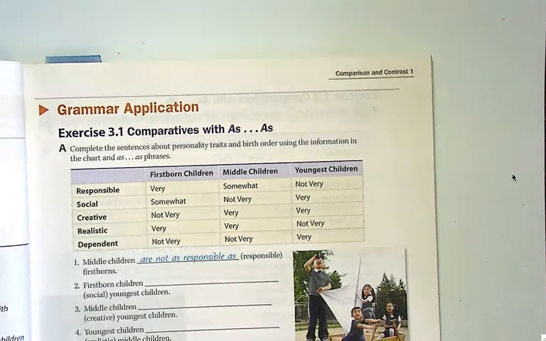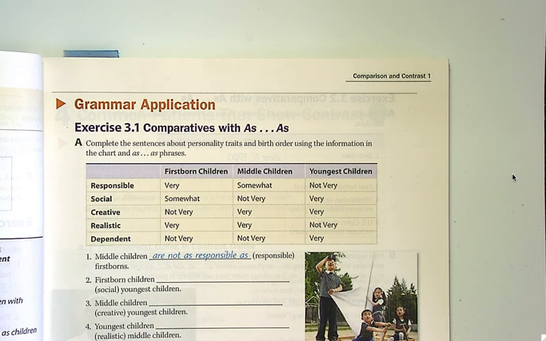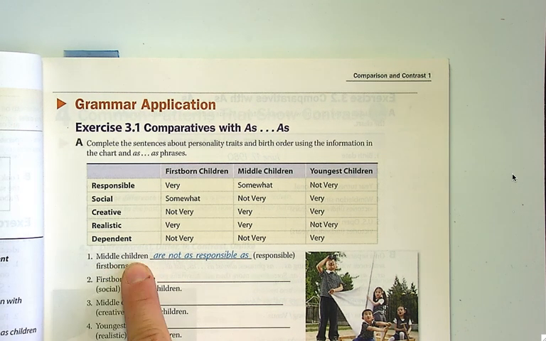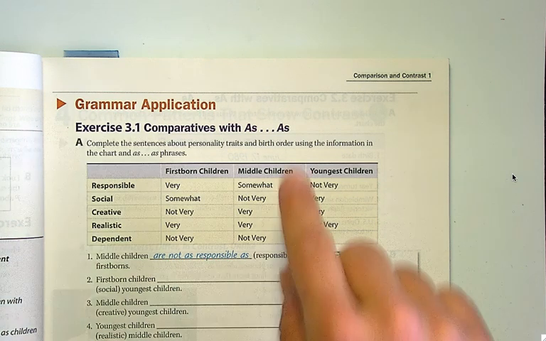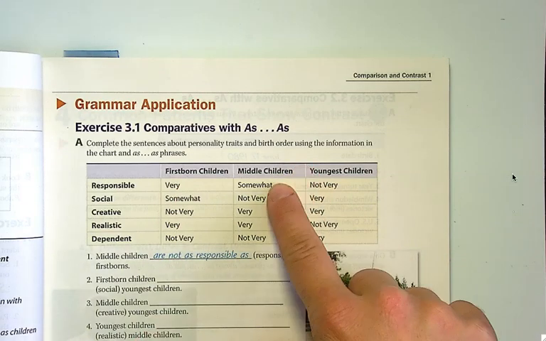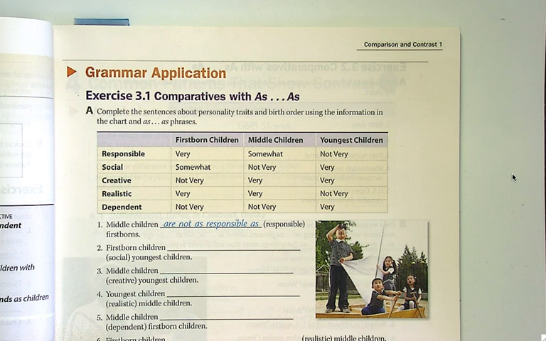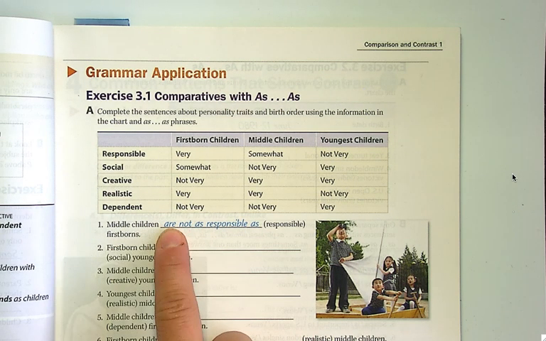Let's take a look at this one example on page 71. Here we see a chart. We're using as comparison. We see middle children are not as responsible as firstborns. Here we have firstborn children, very responsible. Middle children, somewhat responsible. They are not the same. So we use this grammar to compare middle children and firstborn children. And we have a be verb.